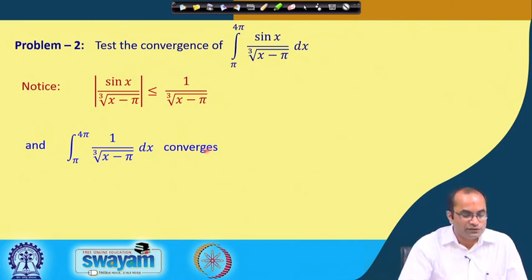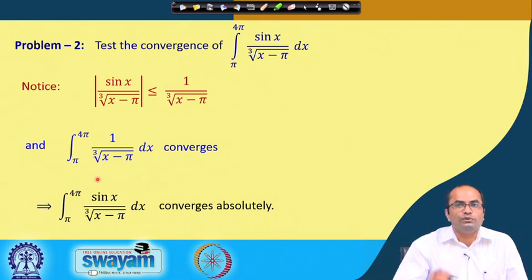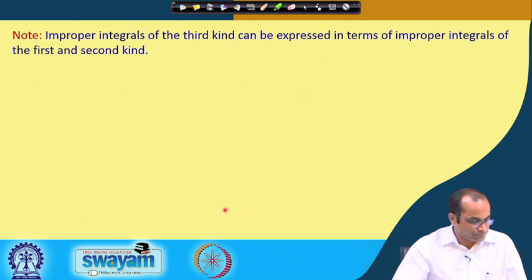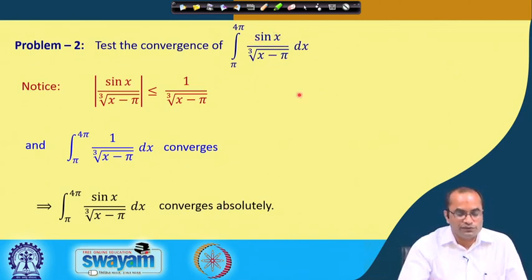So this converges, and in that case the integral from pi to 4 pi of sin x over the cube root of (x minus pi) converges absolutely. This definitely means the integral converges, because absolute convergence implies the convergence of the integral.